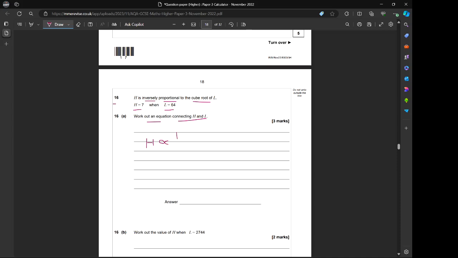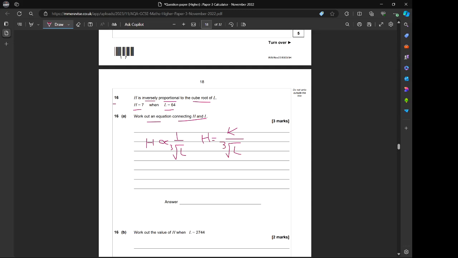Inverse means 1 over. So it's 1 over the cube root of L. I can rewrite this equation as H equals some constant K over the cube root of L.